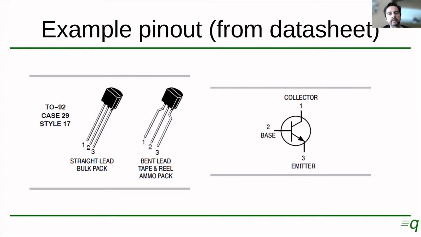In any case, the data sheet for this particular transistor is telling us that the terminals are labeled 1, 2, and 3. And when you come over here, you find out that number 1 is the collector, the one on the left. Number 2 is the base, the one in the middle. And number 3 is the emitter, the one on the right.